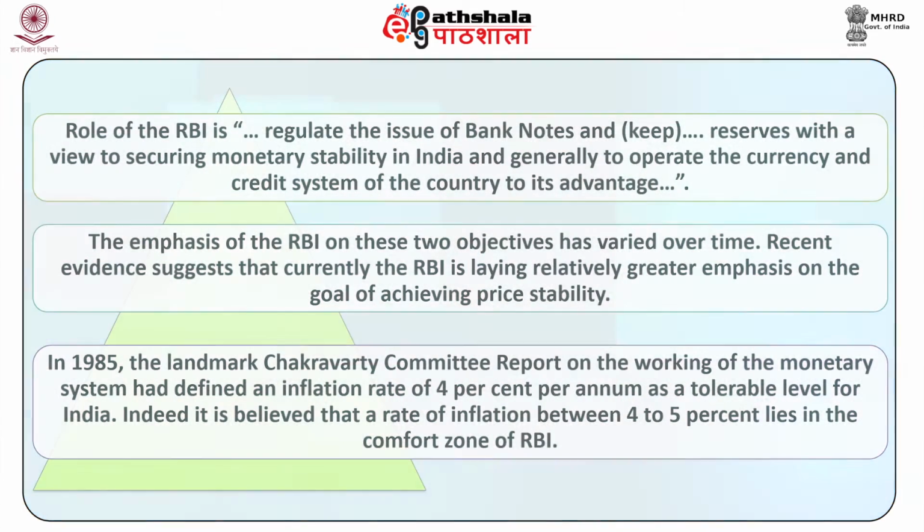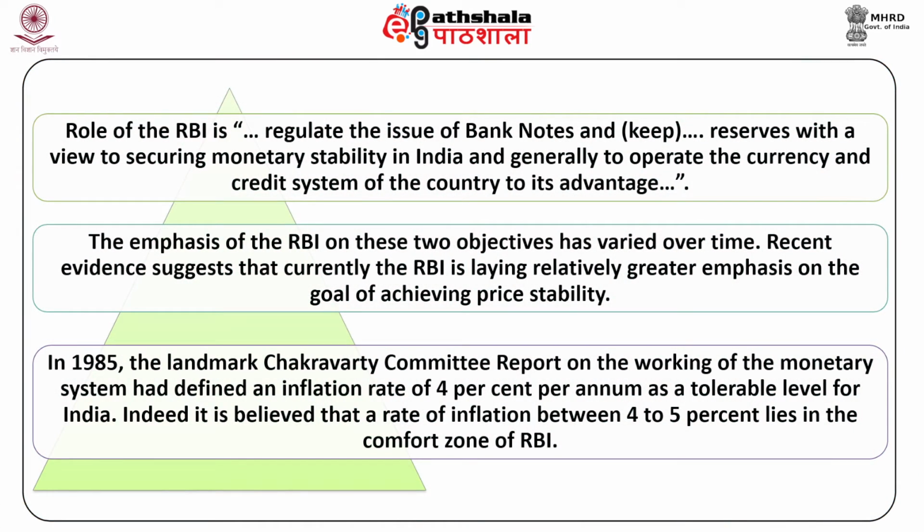In the Indian context, the objective of the central bank is outlined in the preamble of the Reserve Bank of India Act, 1934. It envisages that the role of the RBI is to regulate the issue of banknotes and keep reserves with a view to securing monetary stability in India and generally to operate the currency and credit system of the country to its advantage.